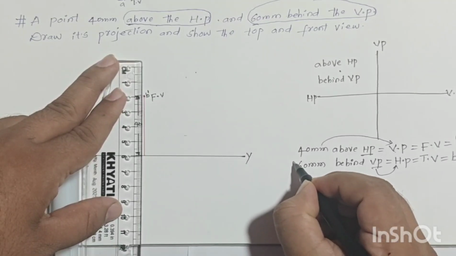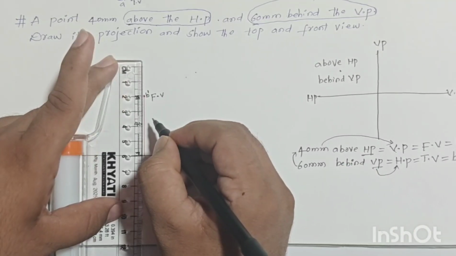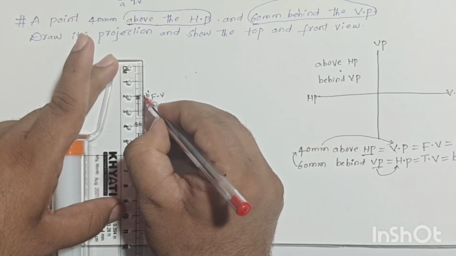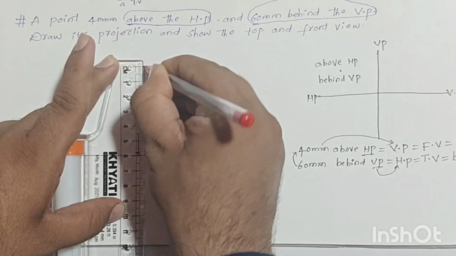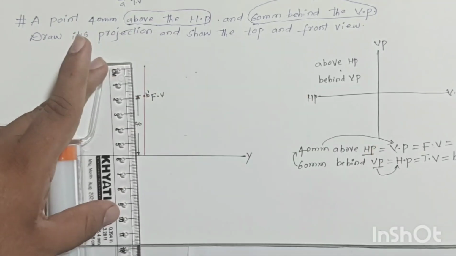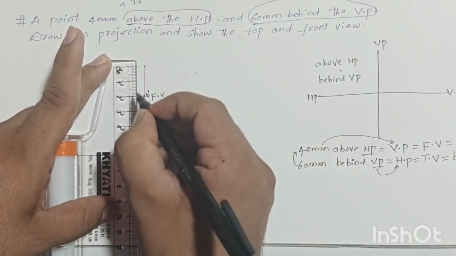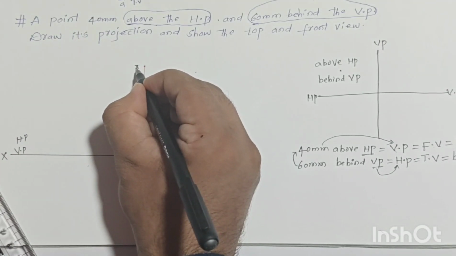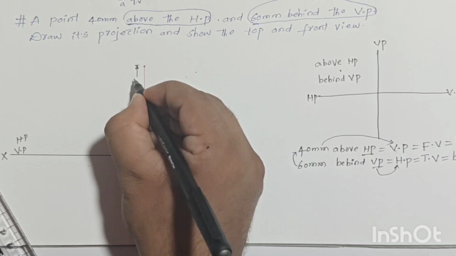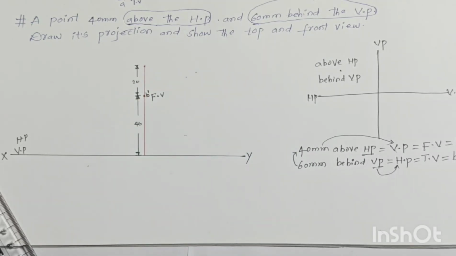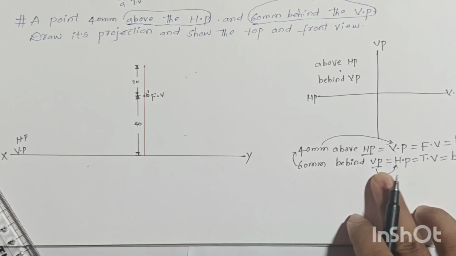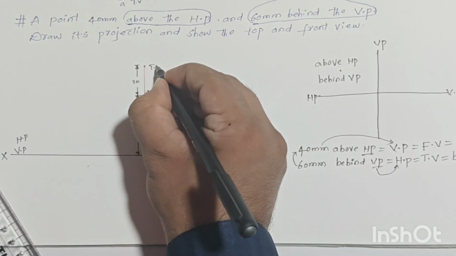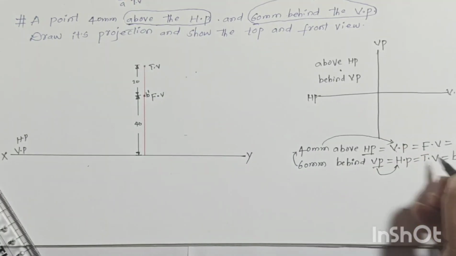Extra 20 mm we need to add from this point. Clear? Then show the dimension, 20 millimeter. So this is the HP, the top view. Top view is always represented as B.